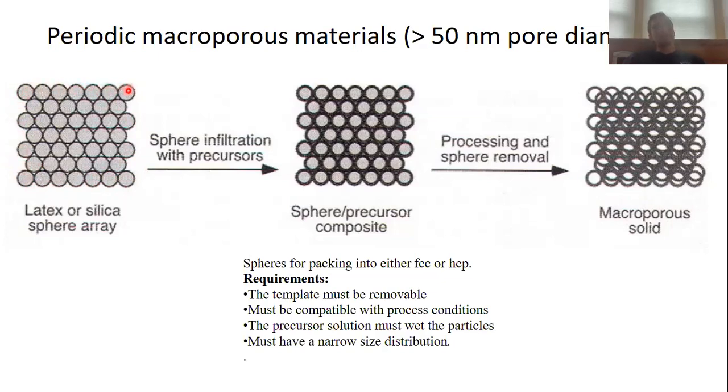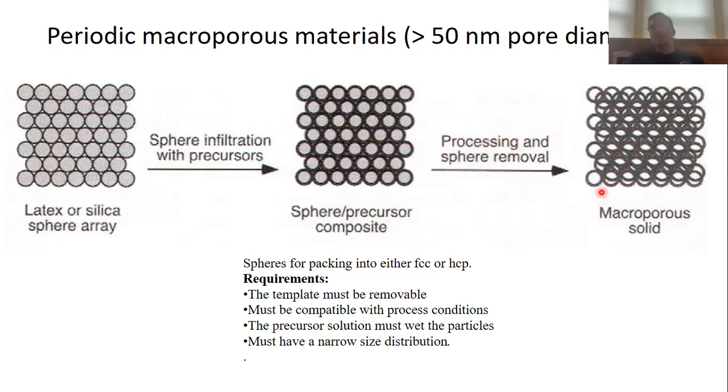But using nanocasting, you can increase the porosity by inverting the structure. What you can do is infiltrate a close packed structure of these spheres with a suitable precursor of your target material and fill the voids in between the spheres, which is at least 26% of the space. And then you remove the spheres with a suitable method.